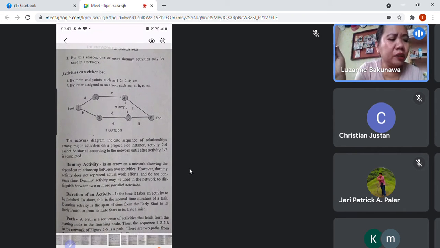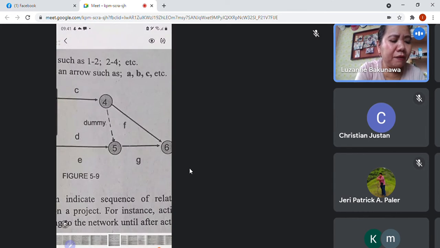For this reason, one or more dummy activities may be used in the network. So kanay mga dummy. So C4, og mahuman si C4, pwede mulabang ngadto sa 5. Maka-start si 5 kung mahuman si 4.